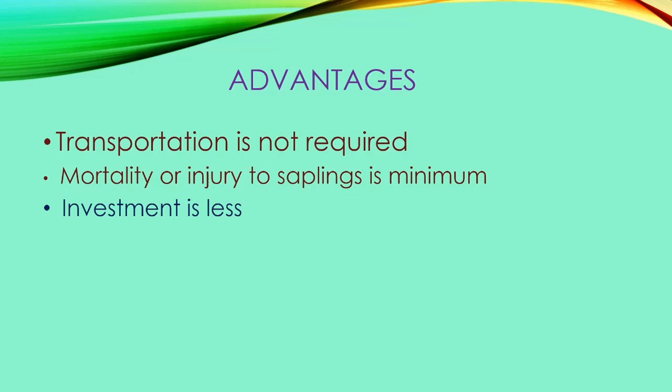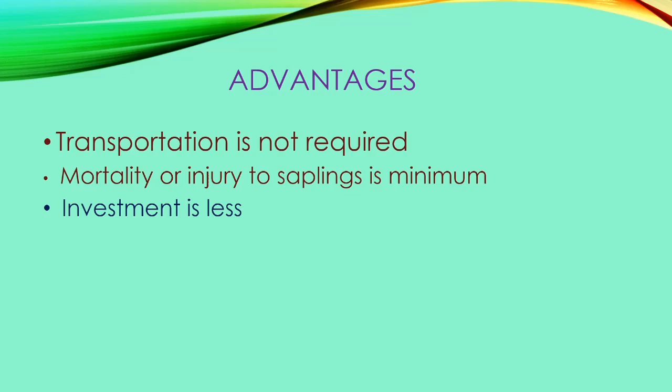Some of the advantages of these temporary nurseries are: first one is transportation is not required. Since these temporary nurseries are very close to the main plantation area, transportation is not at all required. If required, it will be very less only as they are nearby the plantation area. Mortality or injury to the saplings is minimum.